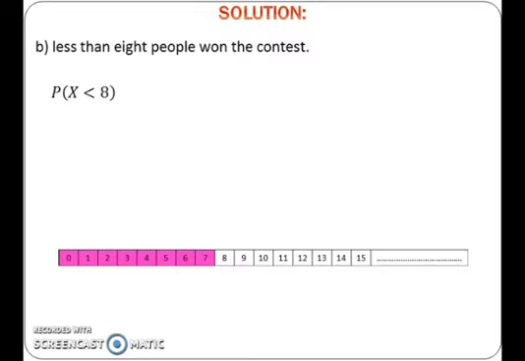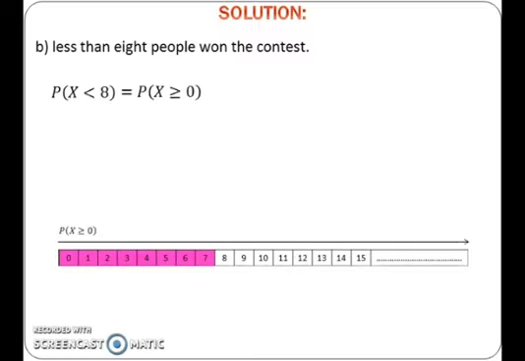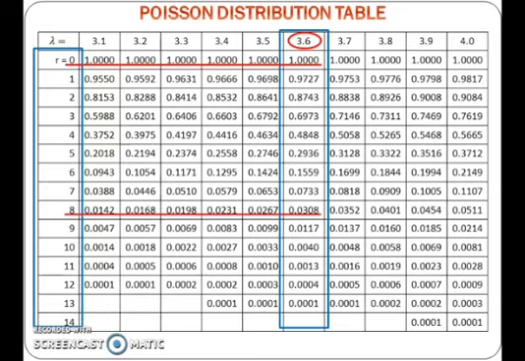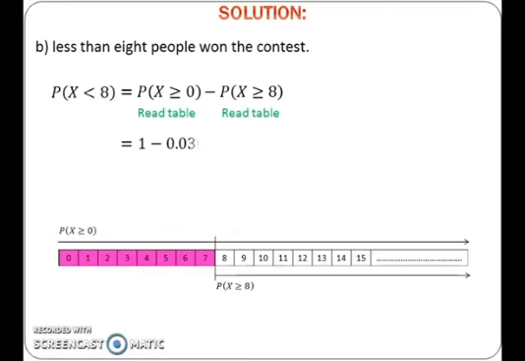To get the part that we want, take all this part, which is probability of x greater than or equal to 0, and cut off this part, which is probability of x greater than or equal to 8. Read probability of x greater than or equal to 0 and probability of x greater than or equal to 8 from the table and calculate the probability.